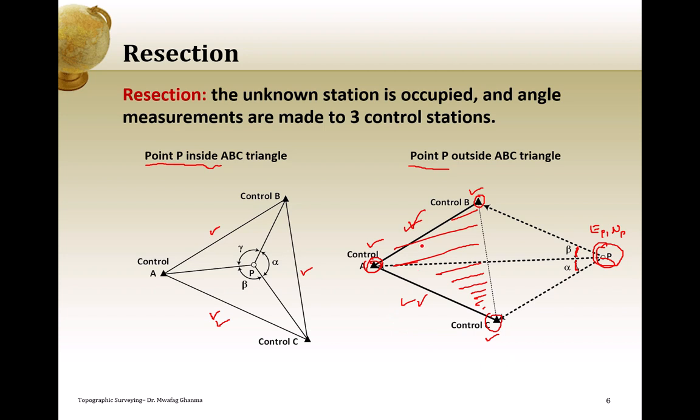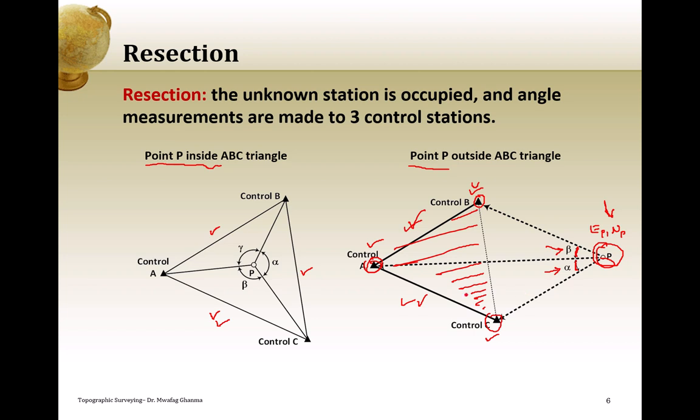For the distances, we need not measure any distance. So at the minimum we will have EP and NP. We have the coordinates of these 3 control points, and the measurements will be angle beta and angle alpha.